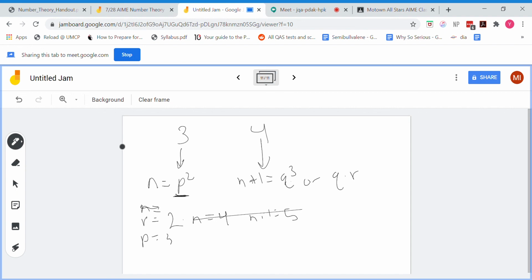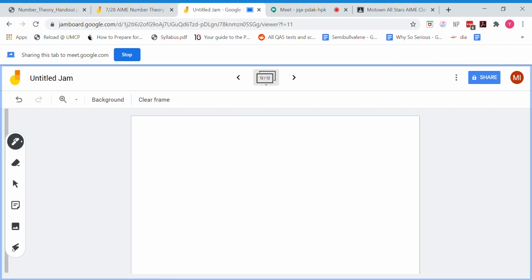P equals 3 gives n equals 9, n plus 1 equals 10. This works. P equals 5, n equals 25, n plus 1 equals 26. This works. And we can keep going down, right? Then we can find a sufficient amount of solutions to the point where we don't need to find any more. So let's move on to the next case.